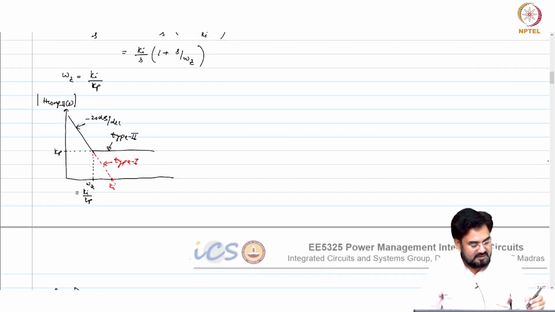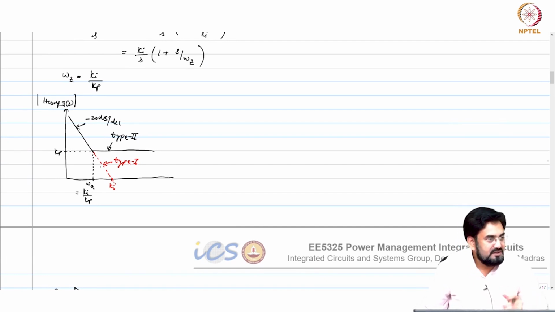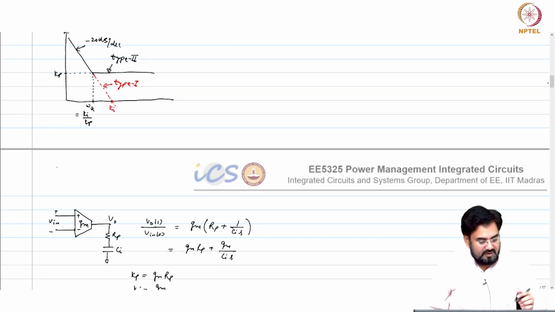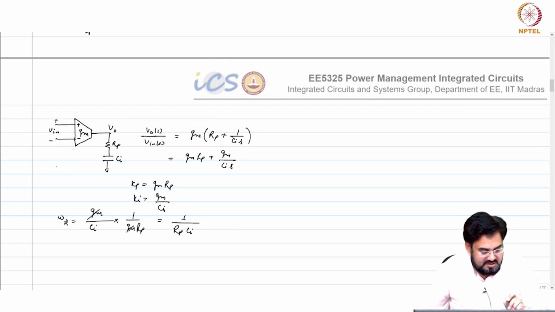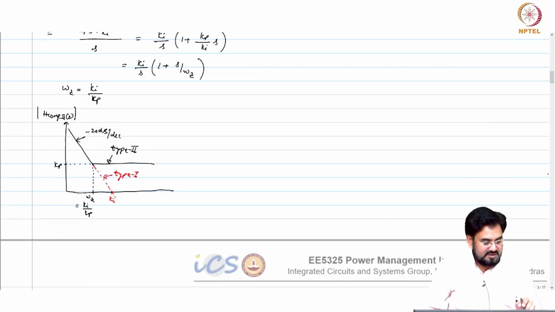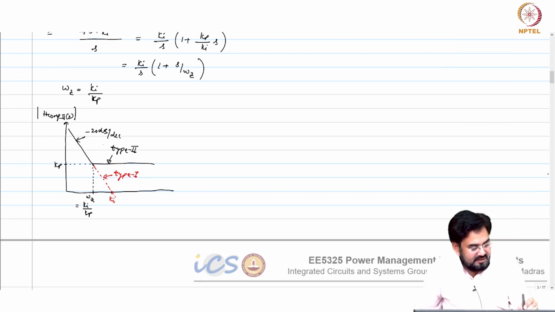So in this, if you change the Gm, the 0 will not change, but your gain will change. So that may not help much in that case, or it will not help at all actually. So when you want to change the proportional gain, you should change your Rp, so that your 0 will move and Ki will remain the same, so you can get different gain.